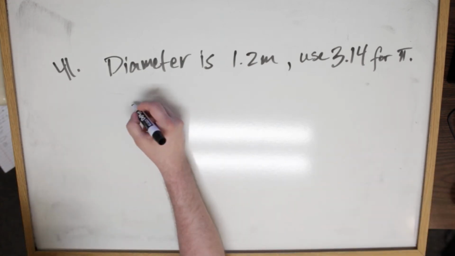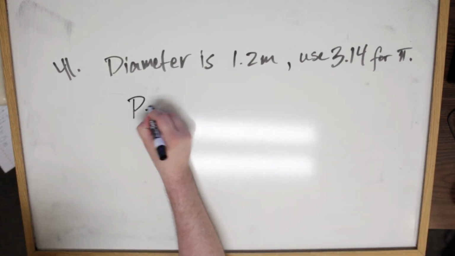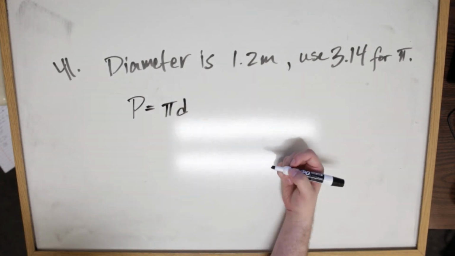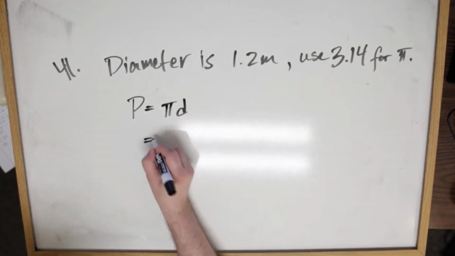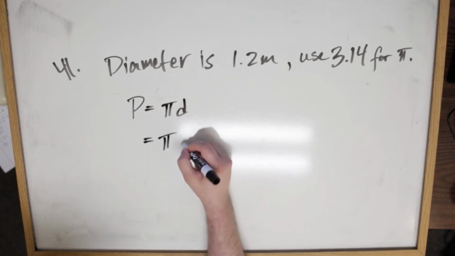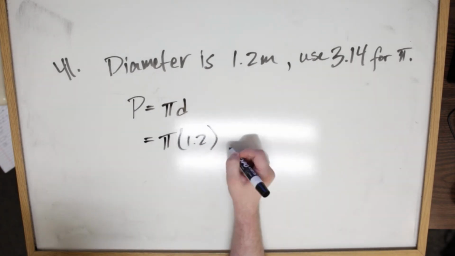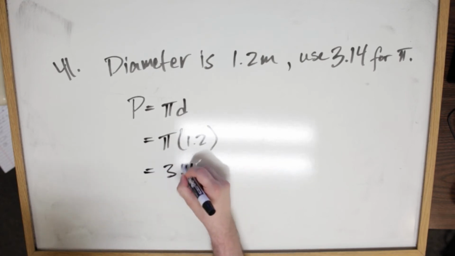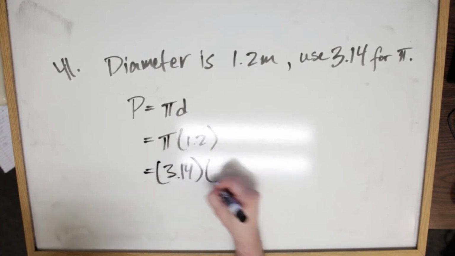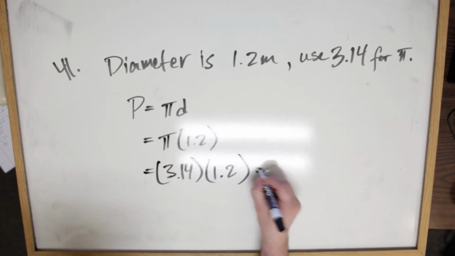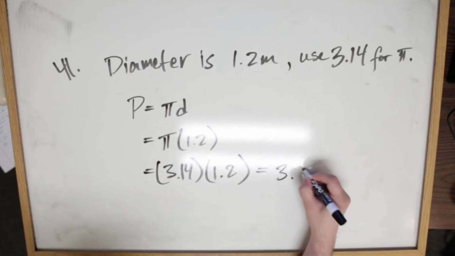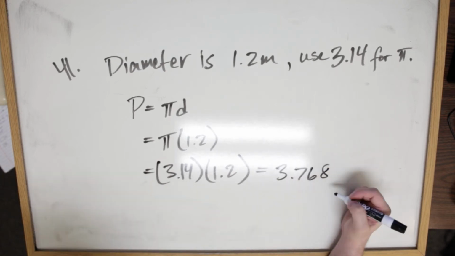So the circumference is equal to pi times d, which is diameter. So this is pi times 1.2, and in this case that's 3.14 times 1.2, and that is going to equal 3.768 meters.